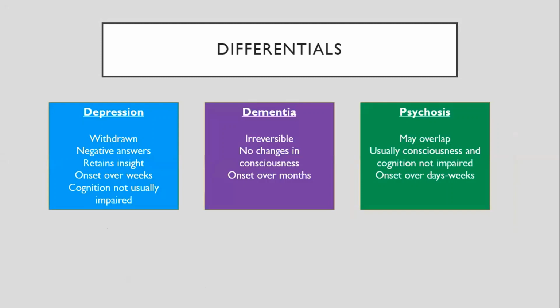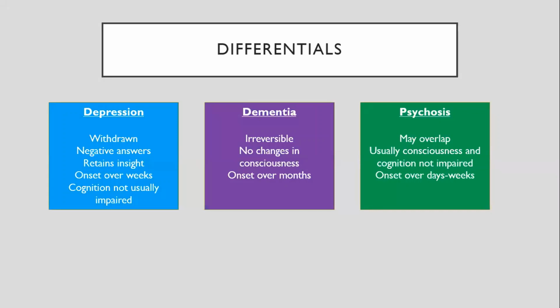The differentials for delirium or acute confusion that I generally think about are depression. These patients are often withdrawn, they might give more negative answers, they normally have more insight, and the onset is generally a bit slower, but this is typical, not always. Their cognition is not usually impaired, but sometimes you really have to push them to test that. Dementia is obviously irreversible.